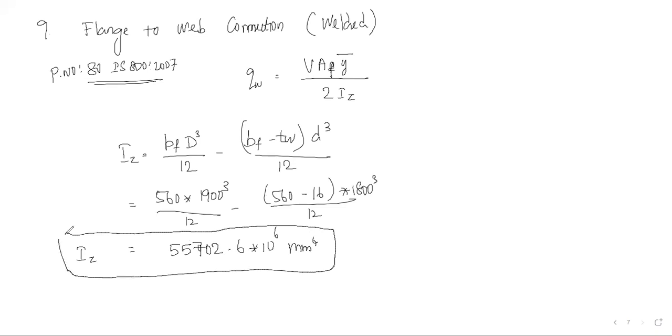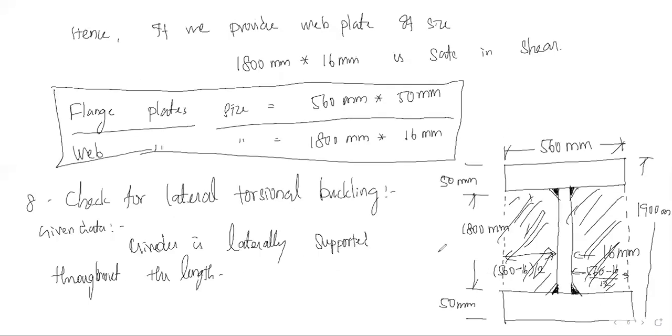Now we have to substitute in the above equation. So strength of weld QW is equal to V, the shear stress created, 1908 into 10 cube, multiplied with area of flange, 560 into 50, into Y bar distance. Y bar is the distance to the flange from the neutral axis. Here I am having my neutral axis, and up to this is 900 mm.